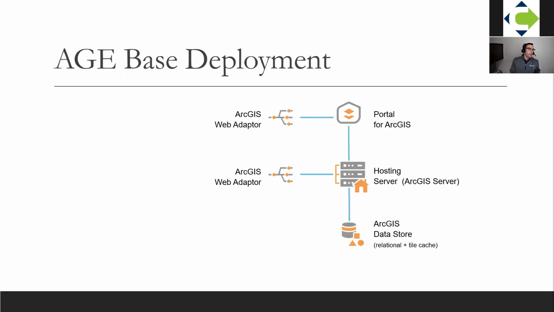So speaking of the deployment, right? What is the base deployment? For those of you that have it, maybe you're aware, maybe you're not, of what all of the pieces are that make this ArcGIS Enterprise work. This is the very basic diagram. You have three of the main software components here. Portal for ArcGIS, which is basically your website.